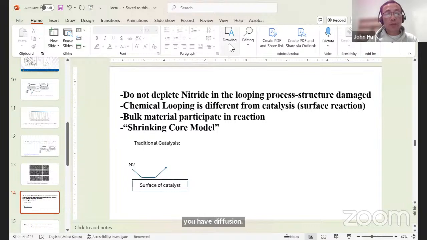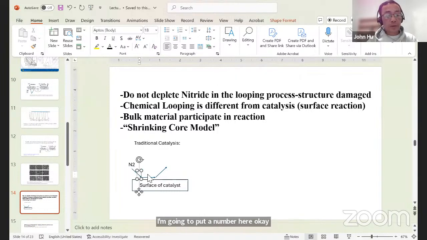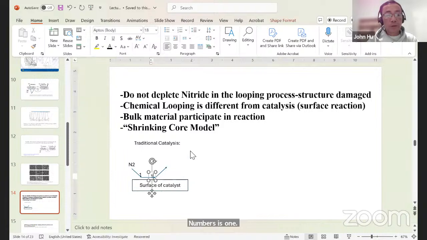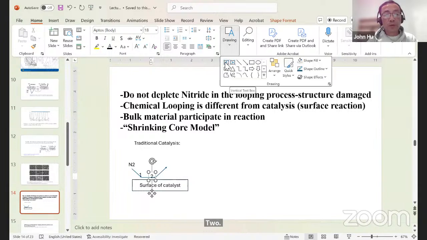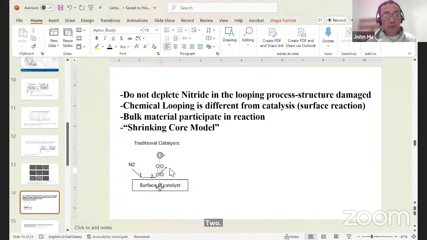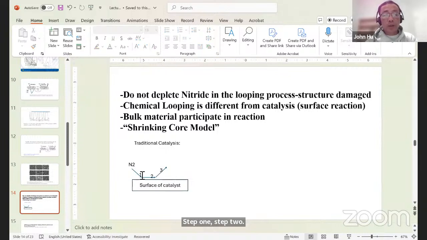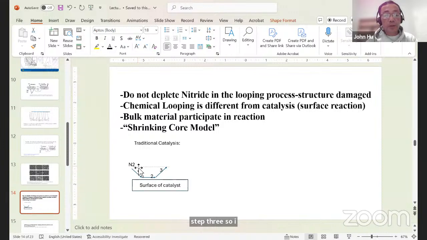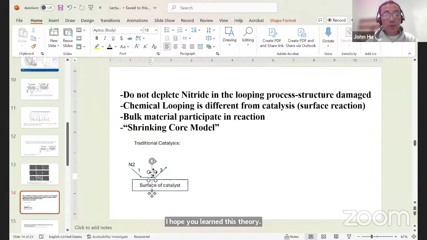I'm going to put numbers here: step 1, step 2, step 3. I hope you learned this theory before, but I'm going to refresh your memory.